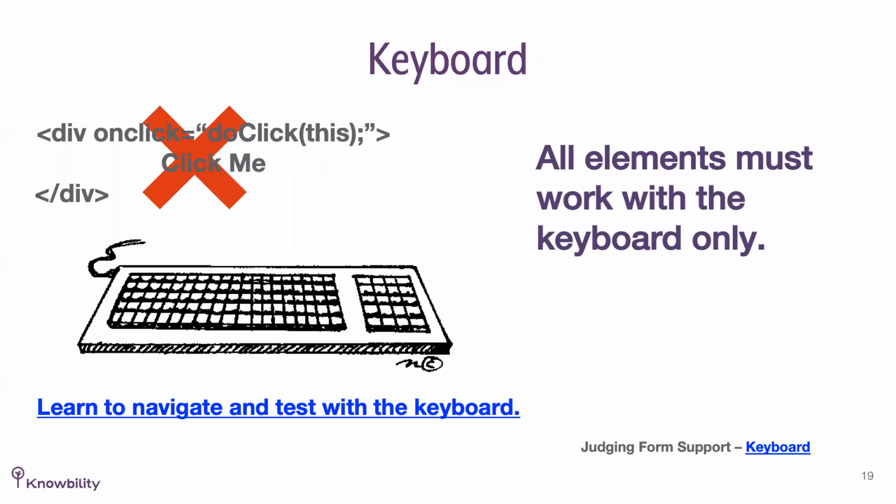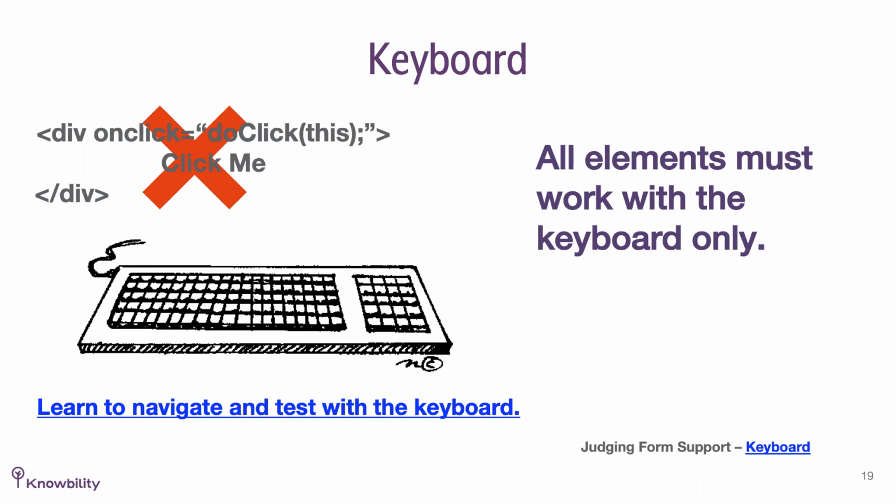And again, hopefully you're going to be using a content management system and not hand coding this, but you need to make sure everything works with only the keyboard, so that you can get rid of your mouse and still navigate the site. I put a link here to a blog post on the Knowbility site that tells you how to learn to navigate and test with the keyboard. It gives you the keystrokes that work.